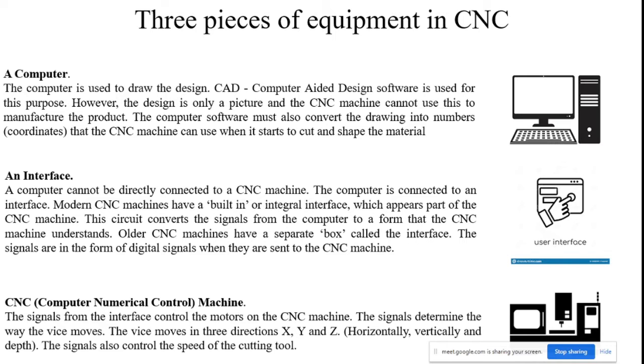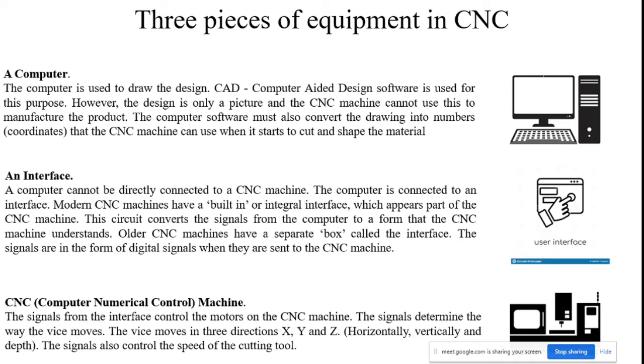These software packages are used for drawing development or drafting purposes. However, the design is only a picture, and the CNC machine cannot use it to manufacture the product. This is the problem: how do we convert the picture into manufacturing data?